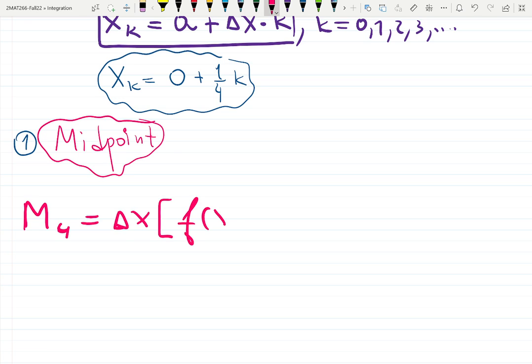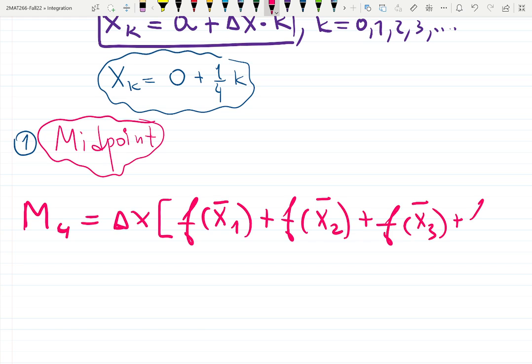And then f of x1 bar, because we cannot use the first point or second point, we're going to be using the middle point. And this is the one we have to find. That's the annoying extra step. With computers, it's done pretty fast. By hand, it's pretty tedious. So this method is pretty good, but used by computers. So this is the formula.